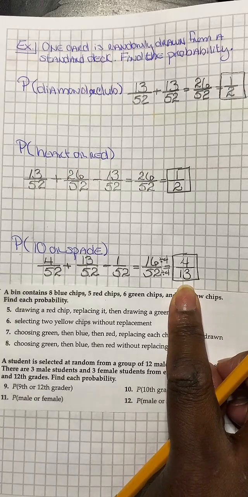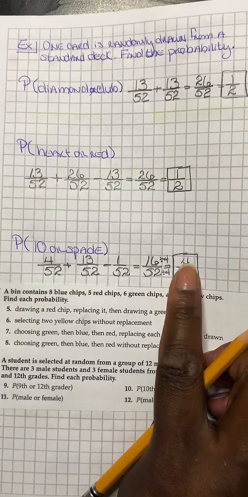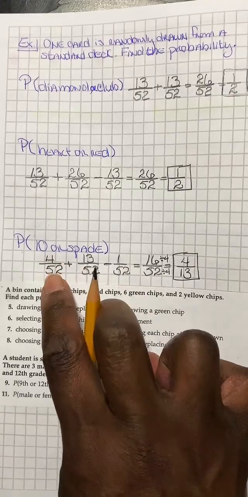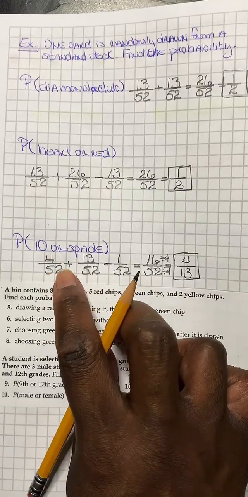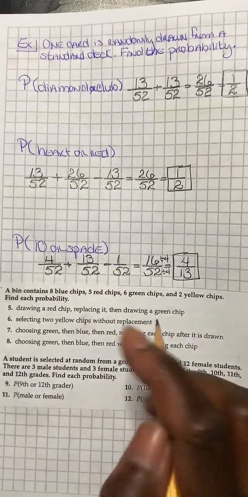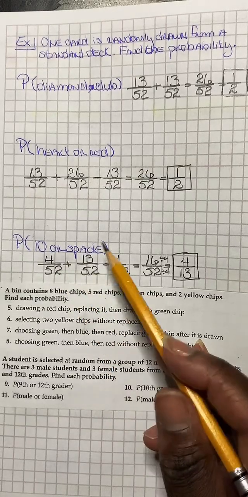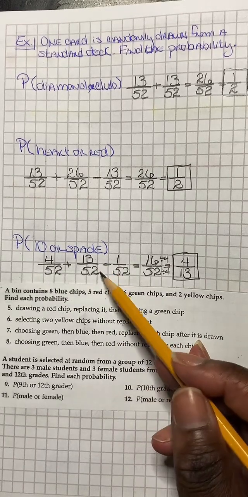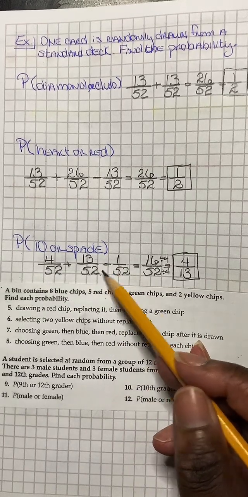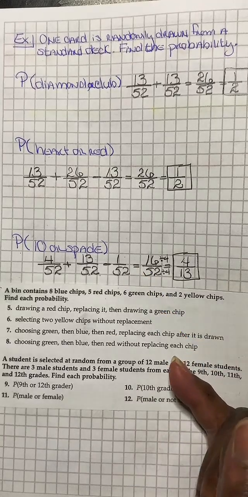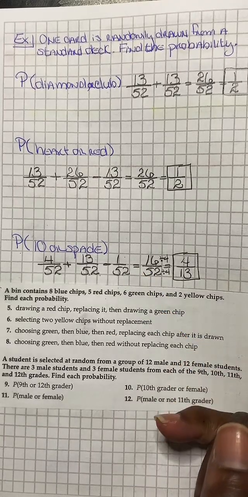Get it now? Good. When you set up your fractions, you want to take the part over the whole: what you're looking for over the total amount.